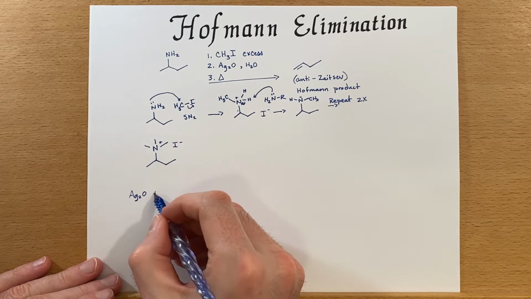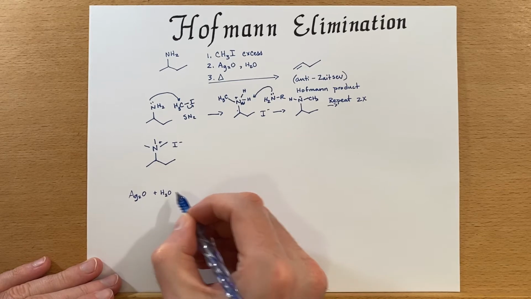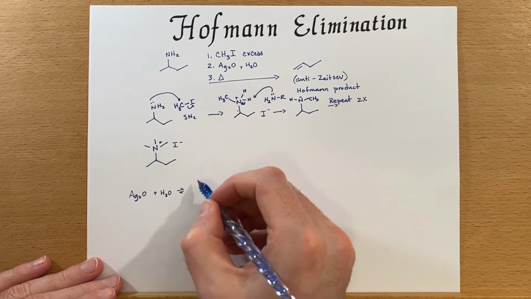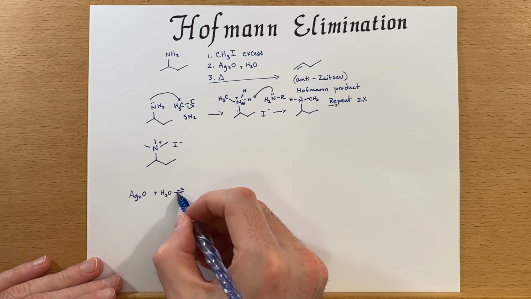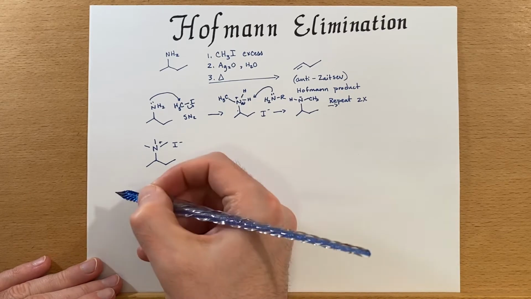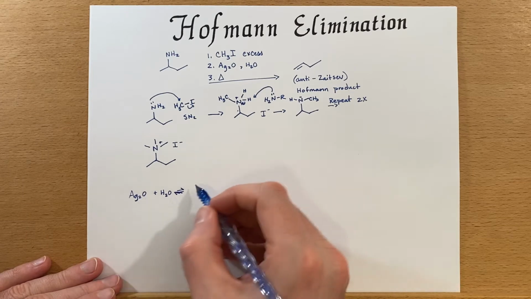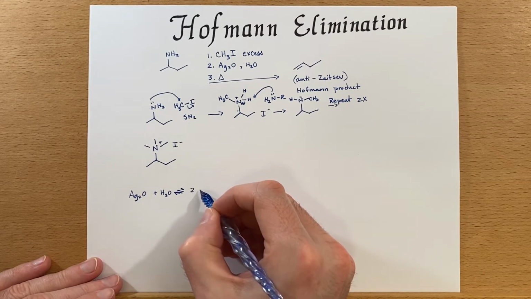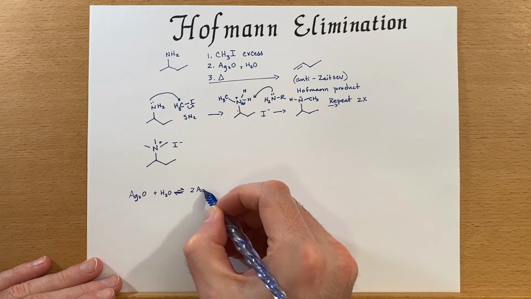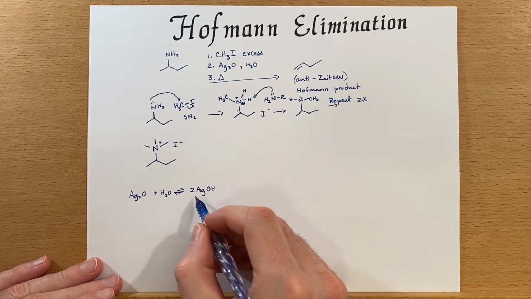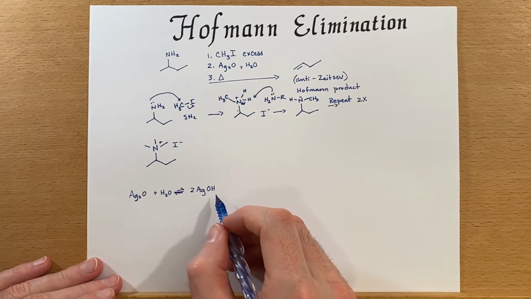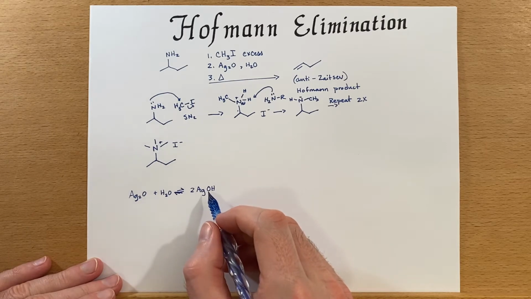We have silver oxide, and if you have water, it's actually in equilibrium. I should draw a big arrow going back this way because the equilibrium definitely lies with the reactants in this case. But it makes silver hydroxide here in the solution.